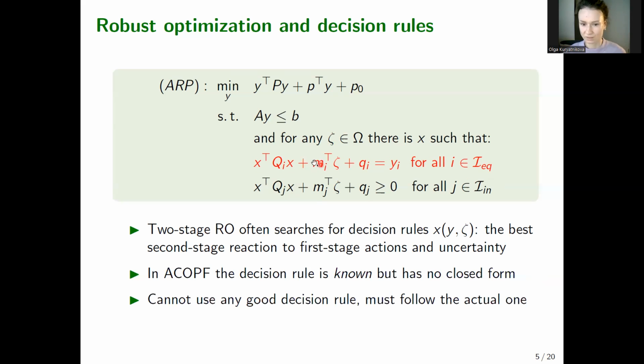And what I want to remove is x. In fact, I want to write this decision rule somehow in the best way in a closed form, but it could be some other way. And I want to write x as a function of y using this system of equalities. That's our main goal. So maybe questions here.